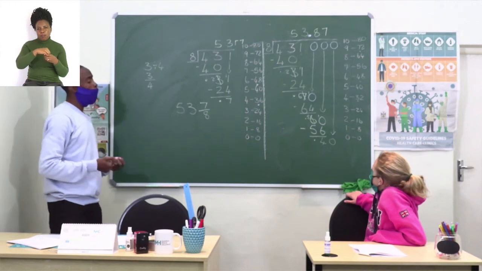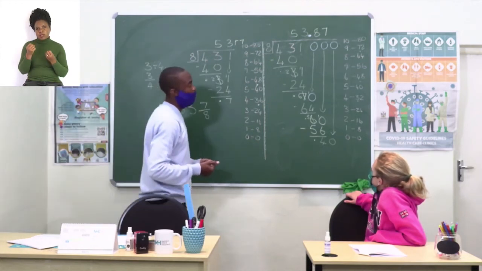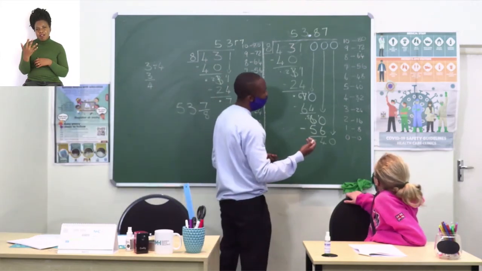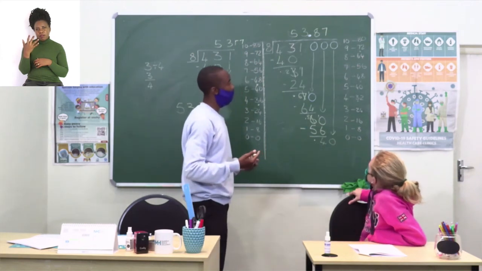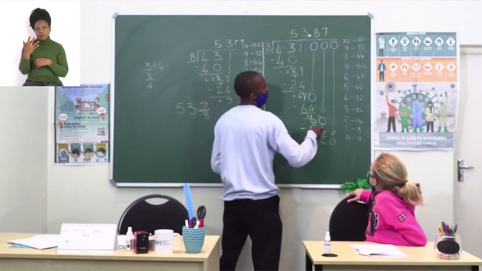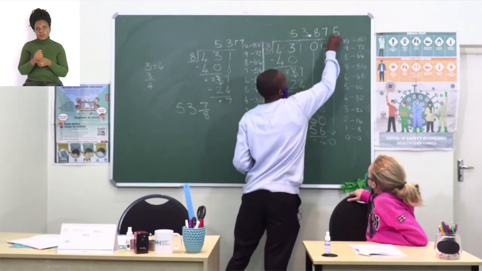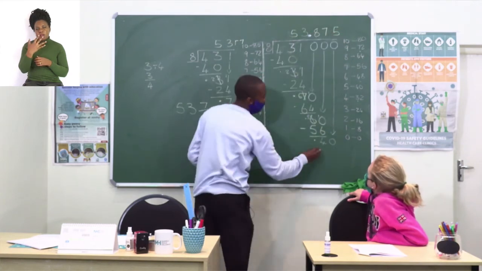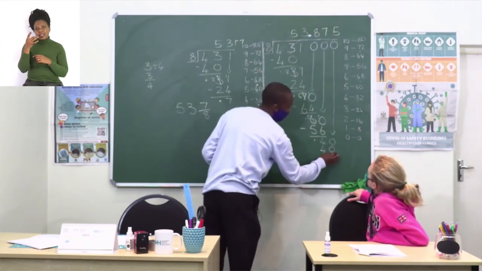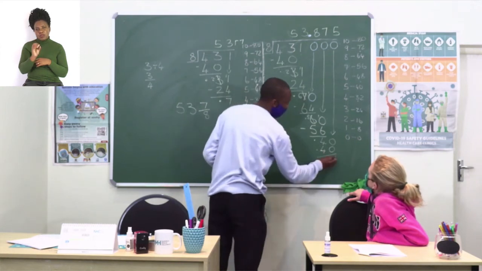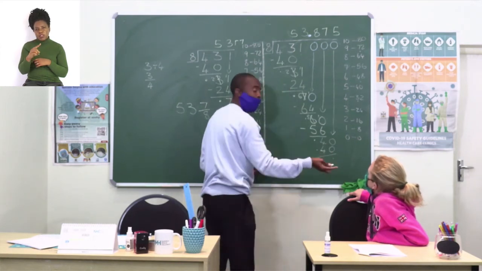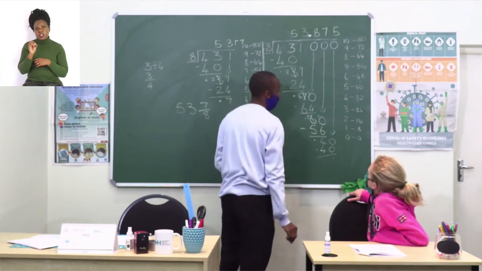So 8 goes into 40 how many times, Clarice? 5 times, exactly 5 times. So I will say 5 times 8 will give me 40. Then I subtract. So 40 minus 40 will just give me 0.